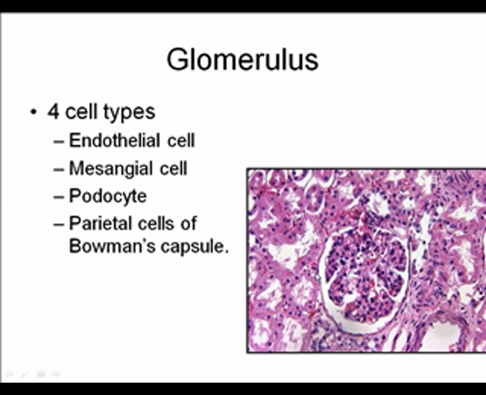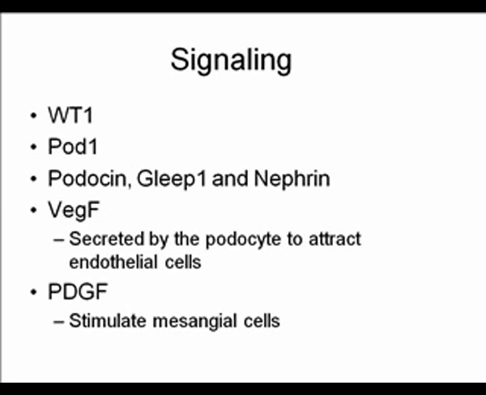And so, how do each of these cell types develop? The Wilms tumor gene, we said, is important. POD is important. Podocin, GLEPP1, and nephrin, these are all important in the signaling pathways that lead to the podocytes.